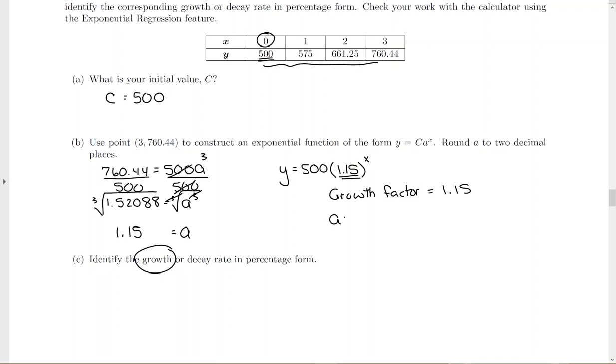For growth, it was 1 plus r, and my a, that's your growth factor. Plug that in, 1.15 equals 1 plus r. Subtract 1. So I get 0.15 equals r, or my growth rate in percentage form is 15%.